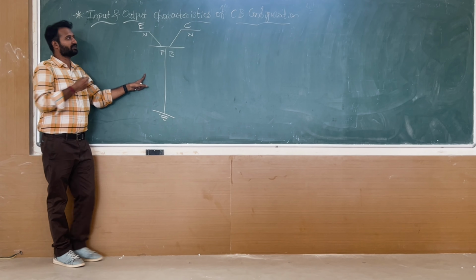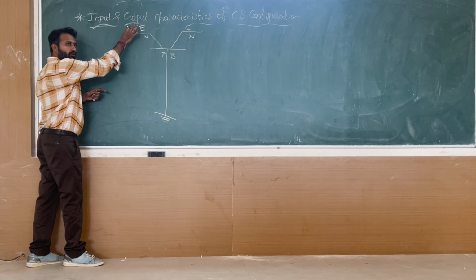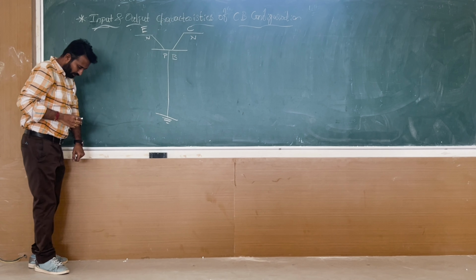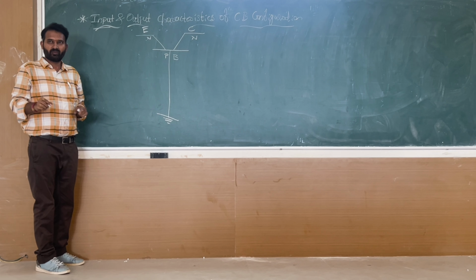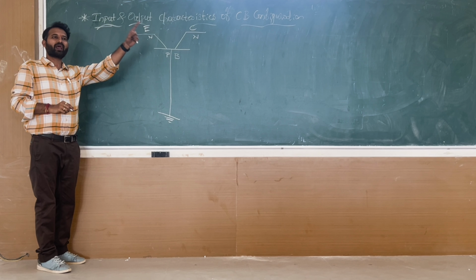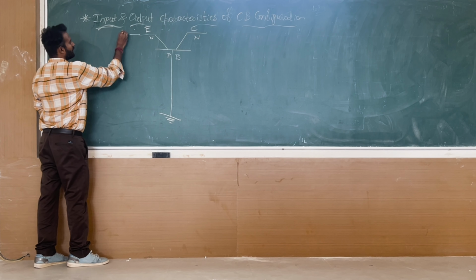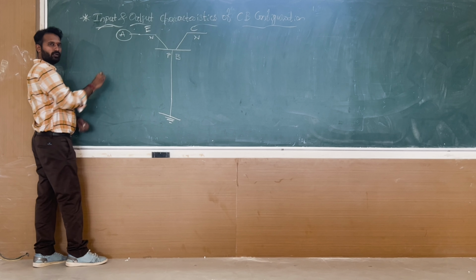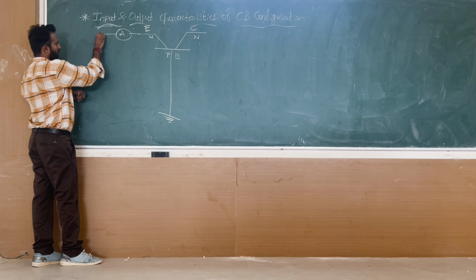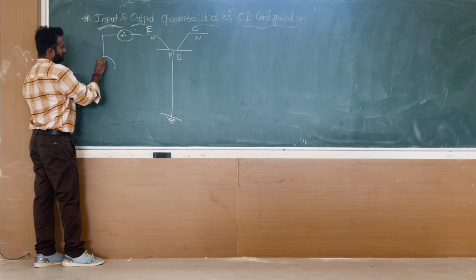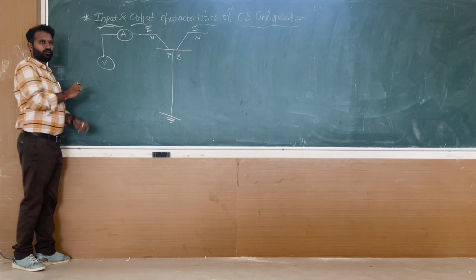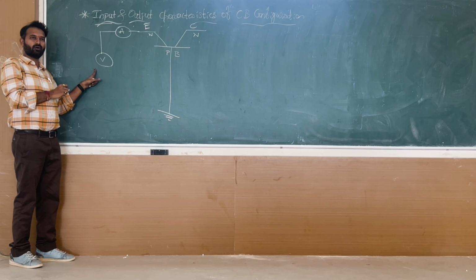Now we are discussing the input and output circuit. In order to do a circuit implementation, to do practical experiments, I will connect an ammeter and a voltmeter at the input side, between emitter and base.